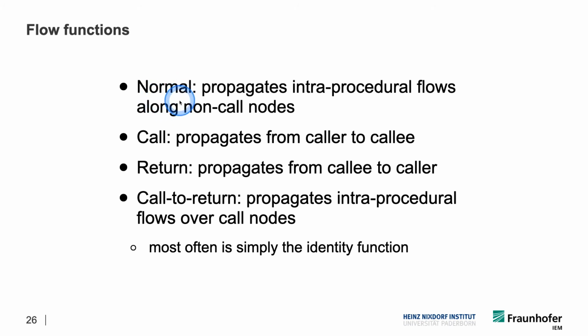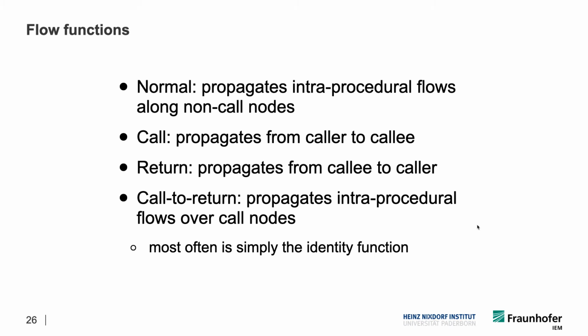You need to have the normal flows that propagate intra-procedural flows along non-call nodes. Then you have call and return edges, but you also have call to return flow functions that propagate intra-procedural flows over call nodes. And most often this is simply the identity function, but as you saw in the example I just showed you, if you have a situation where for instance a return value is overwritten, then it might look slightly different.